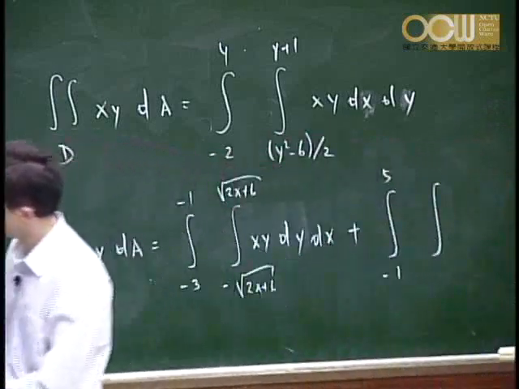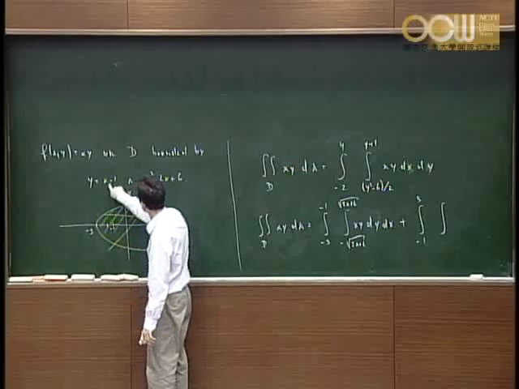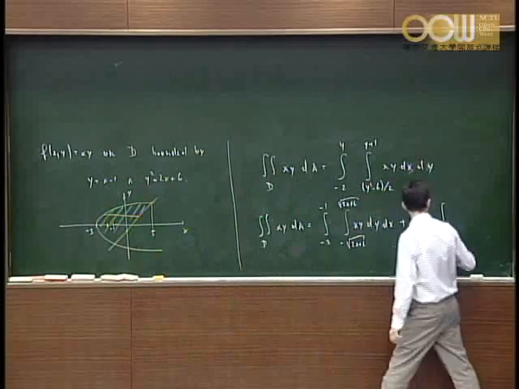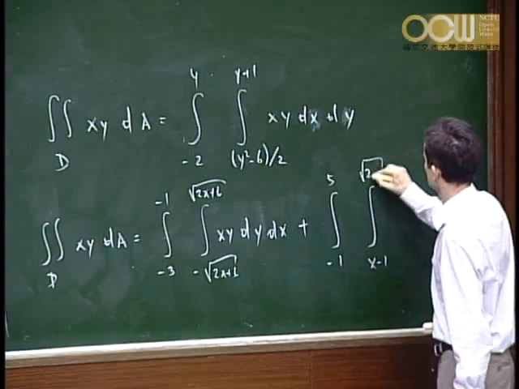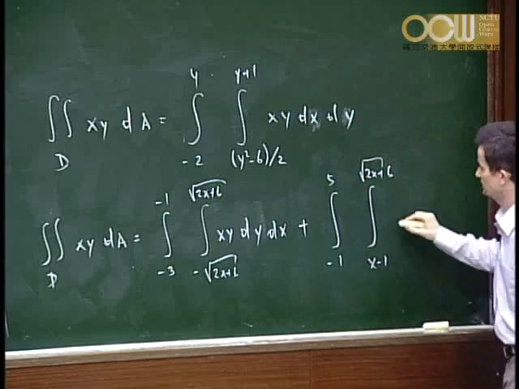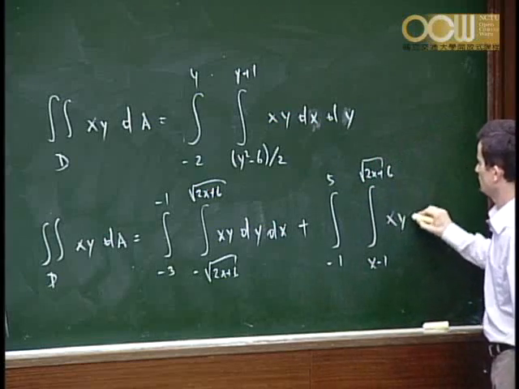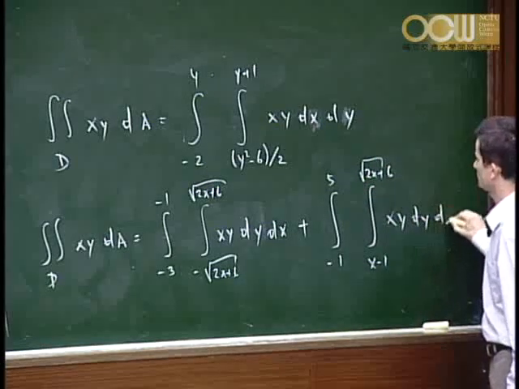But now the lower boundary becomes x minus 1, so you go from x minus 1 up to the square root of 2x plus 6, and then you have x y dy dx.